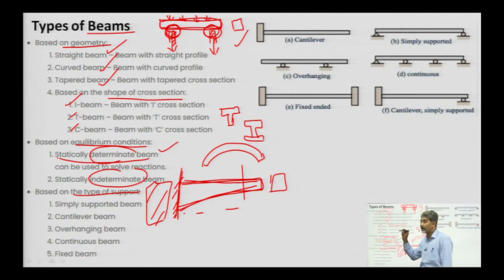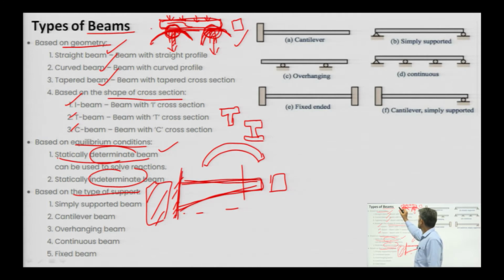Simply supported means this beam is simply placed over that. Nothing has been done in between. It is simply placed, okay. We put the horizontal member over that, then it is a simply supported beam.